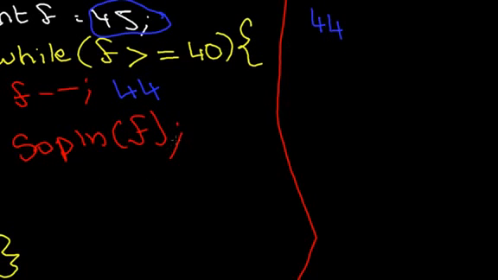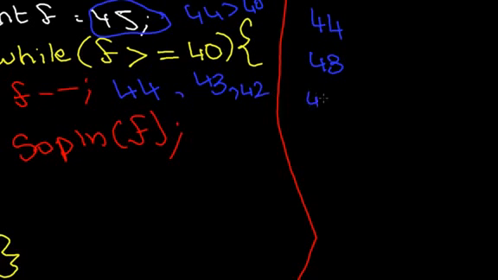It will come out, go back in, f is greater than or equal to 40. Yes, 44 is greater than 40. f becomes 43. It prints 43. Now 43 is greater than 40, so now it becomes 42. Prints 42.